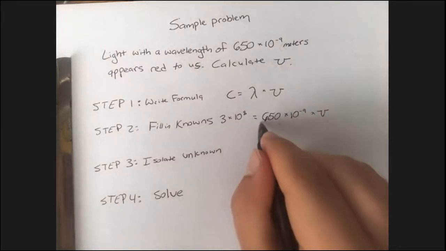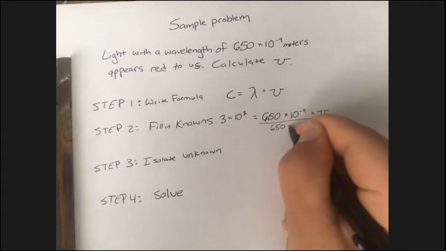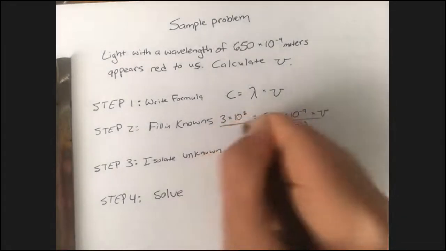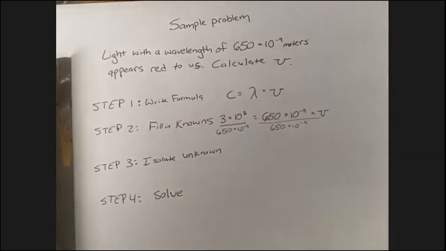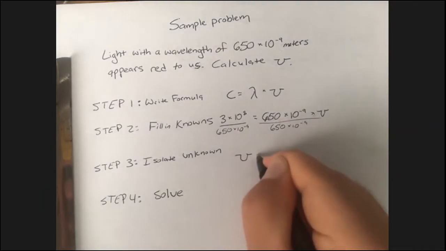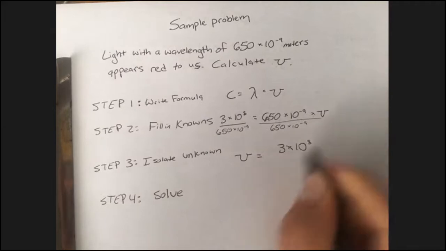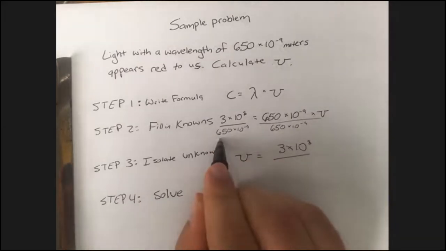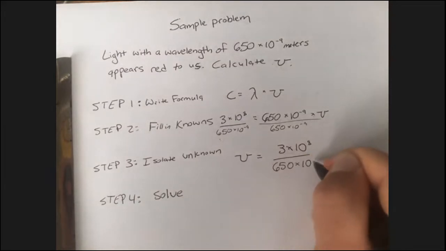So I have to divide 650 times 10 to the negative 9th to the other side. Okay, so what this is going to look like is my frequency is equal to 3 times 10 to the 8th over 650 times 10 to the negative 9th.